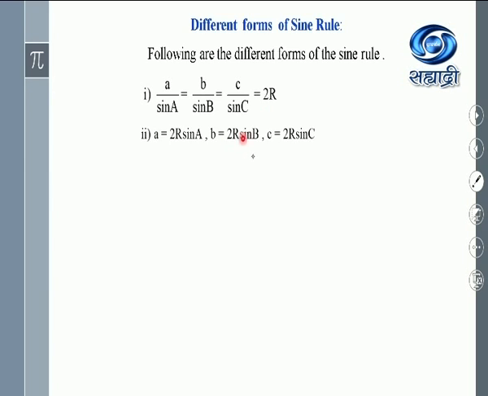Therefore, you will get b is equal to 2R sine B. And the third one, c upon sine C is equal to 2R. Cross multiply sine C with the RHS. Therefore, small c is equal to 2R sine C.